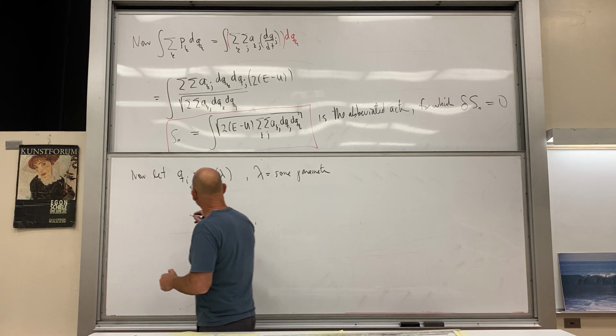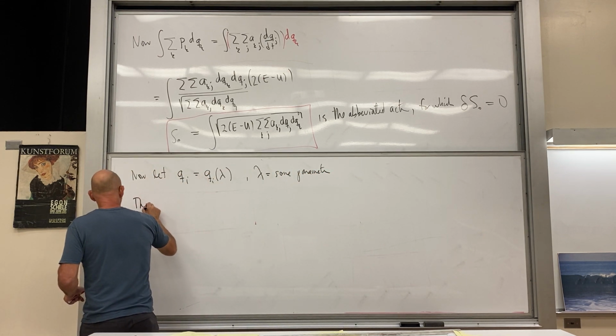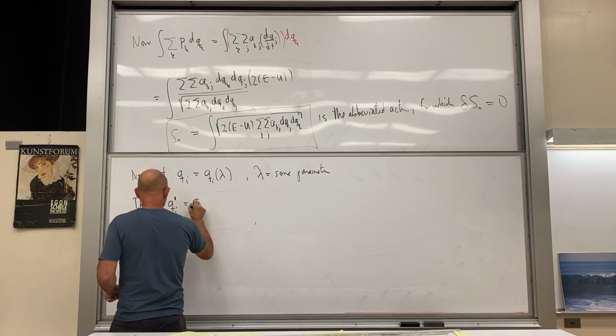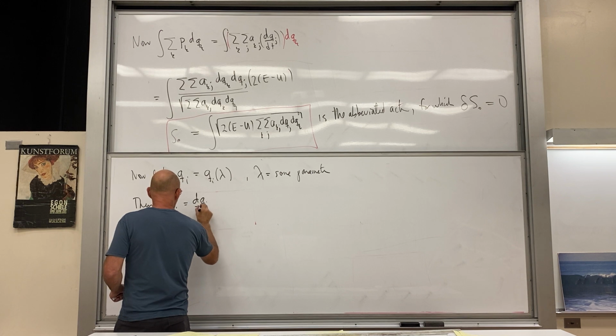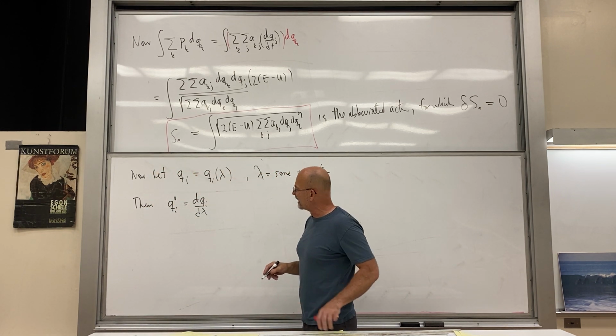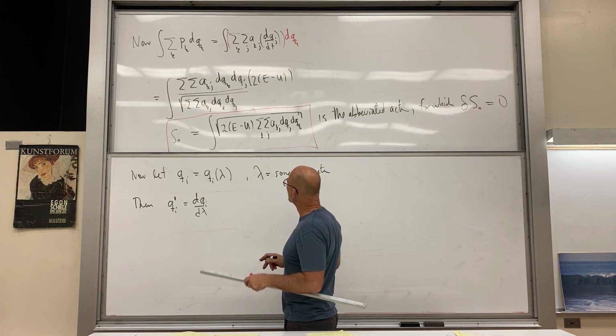Then what we can do is, q_i prime is equal to dq_i d lambda. We're just defining the standard derivative there.